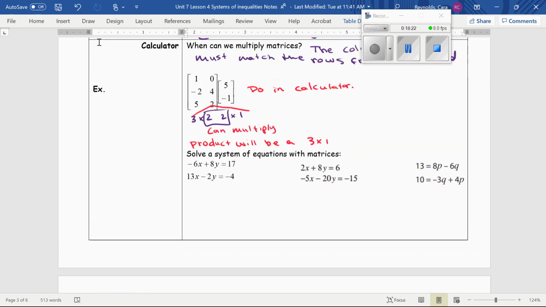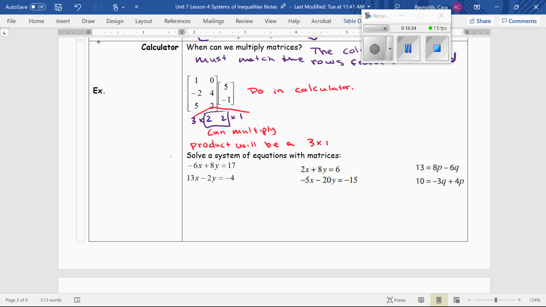All right, and this leads us to where this ties into what we're doing now, using these to solve systems of equations. Okay, so the first thing we're going to do is put all of this into a matrix. And so we make sure everything's lined up in order that it should be.